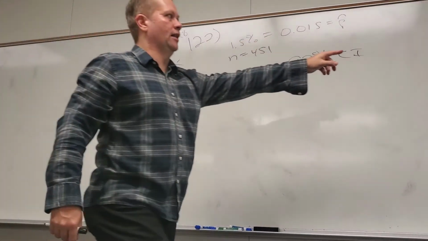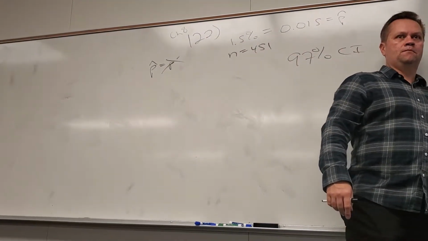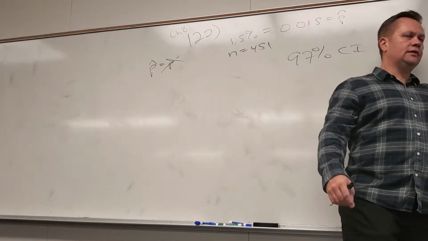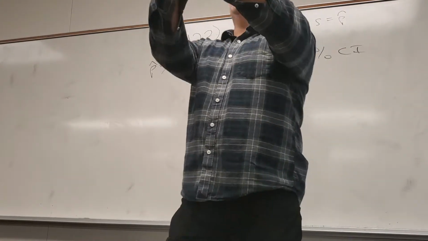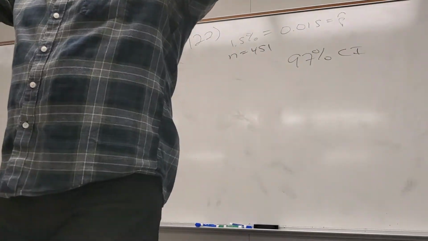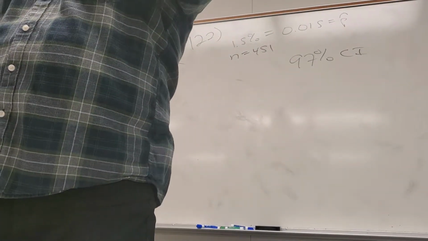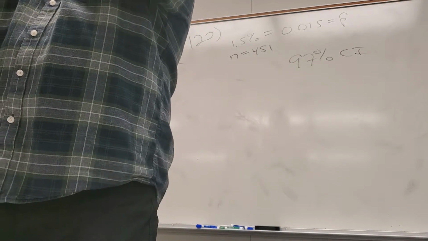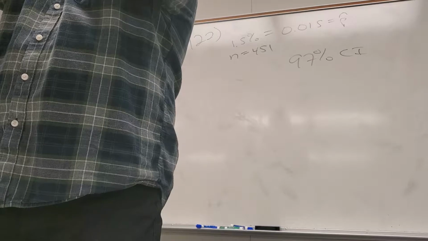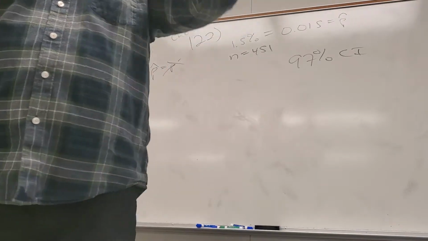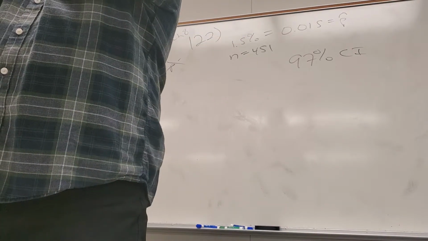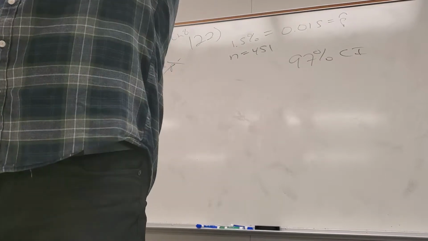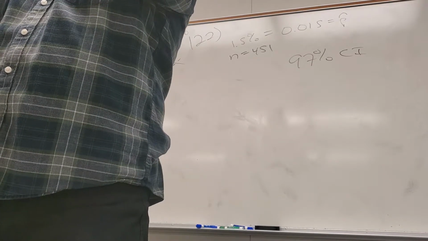Isn't that the last thing I don't know? For a confidence interval, the z-score always comes from how confident you want to be. If I have a middle and I want to be 90% confident, or in this case 97, I want to go out far enough so I catch 97% of the data.